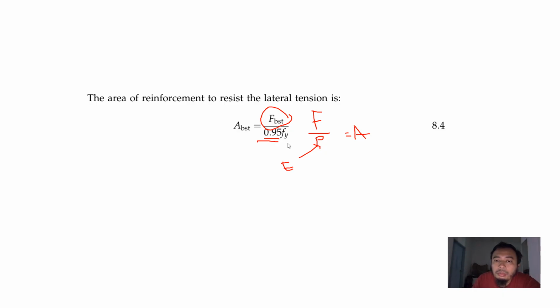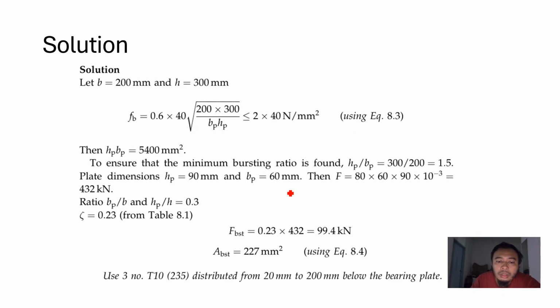Basically F over P. So your F is here, 99.4 divided by 0.95, and then your 460, Fy is given here.